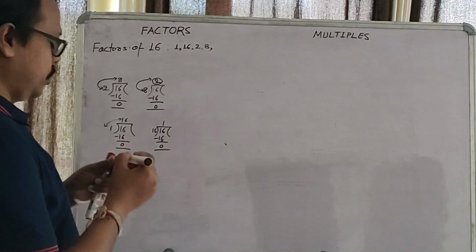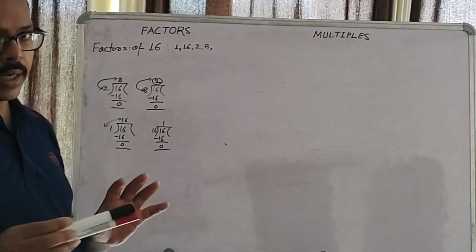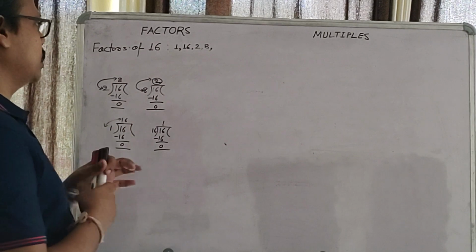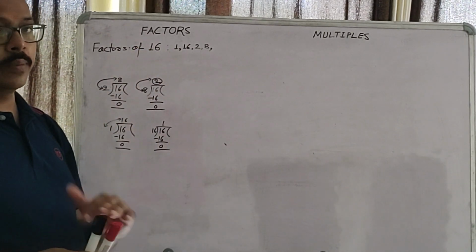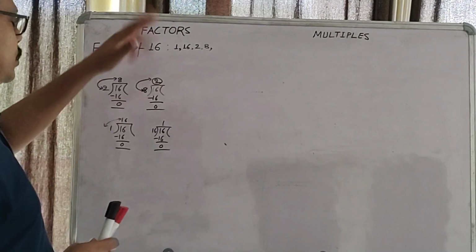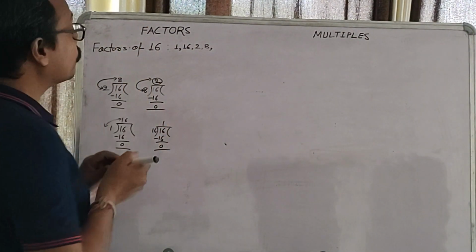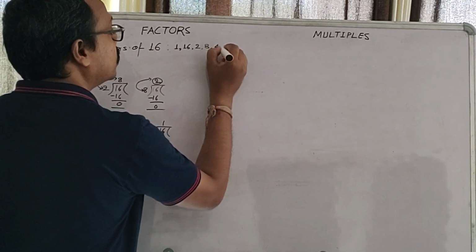Is this number divisible by 3? Whether a number is divisible by 3 or not depends upon whether the sum of the digits is a multiple of 3. The sum of the digits is 1 plus 6, 7. So 7 is not a multiple of 3, so this number is not divisible by 3. Is this number divisible by 4? Yes. What is the quotient? We are getting 4.